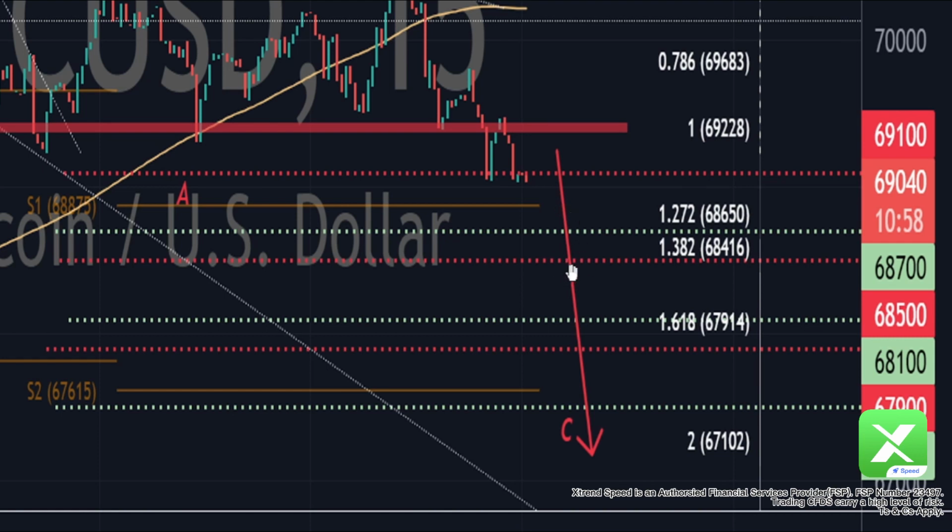So assuming I was going to short 0.75 of a coin at say 68,500, the market bounces. Instead of shorting that 0.75 of a coin at 68,500, maybe I can get it in at 68,650.